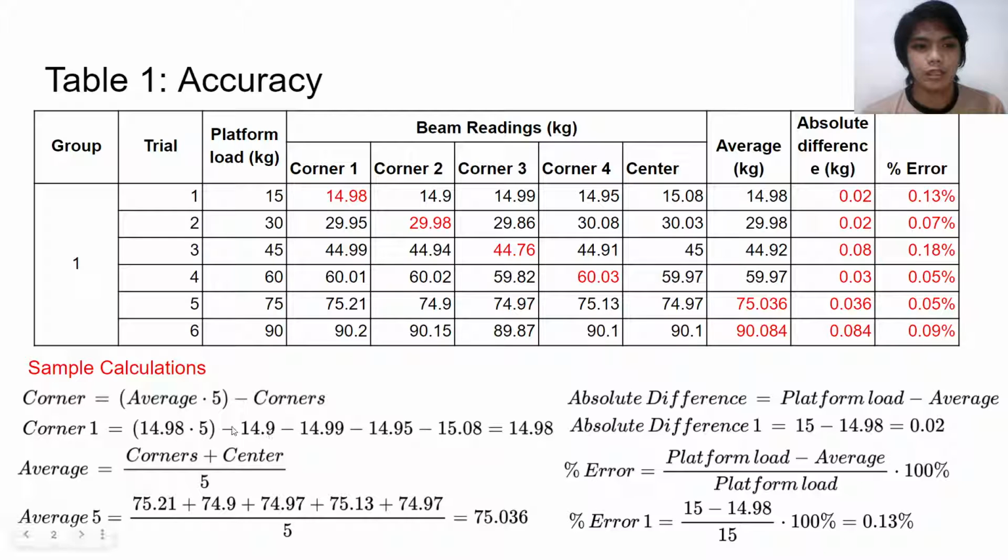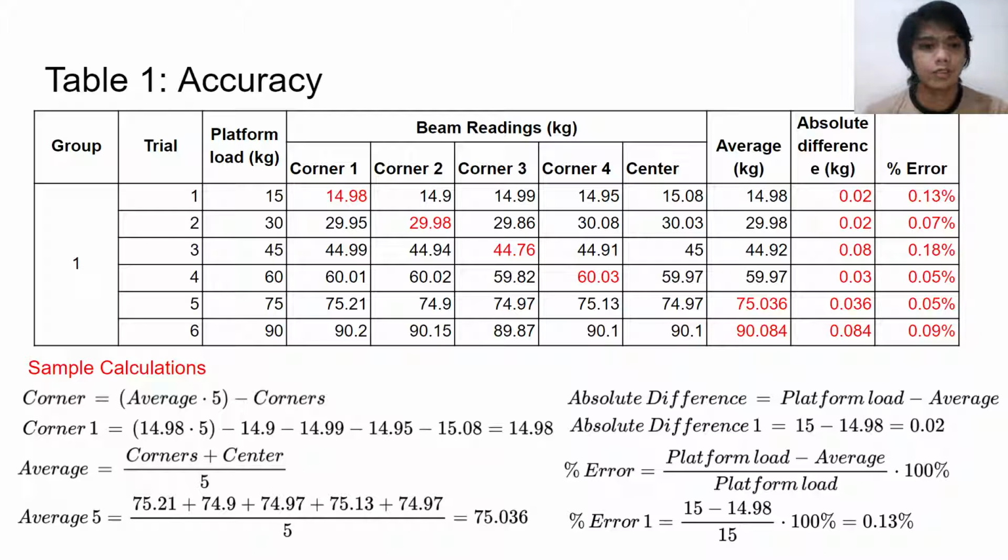So for corner 1 for trial 1, it is 14.98 times 5 minus the corners 14.9, 14.99, 14.95, and 15.08, which gives us an answer of 14.98 kilograms.